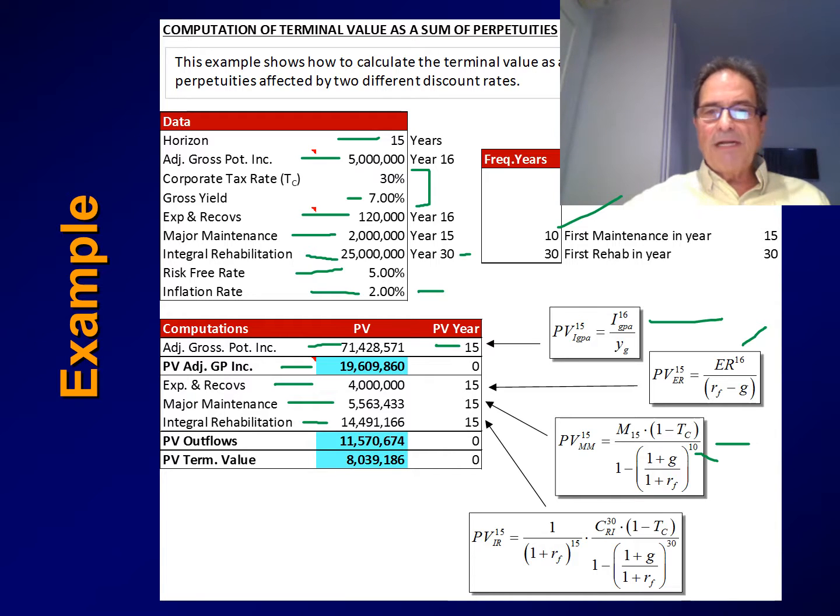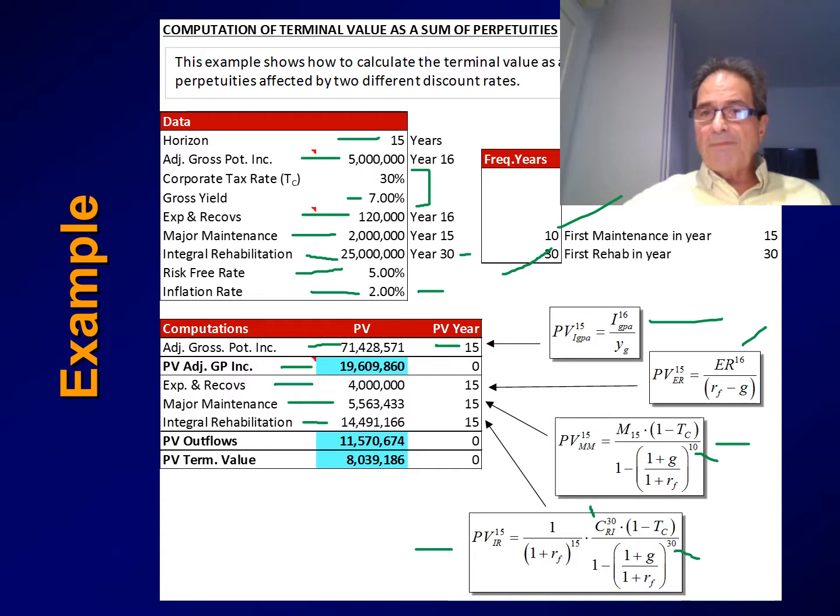Finally, integral rehabilitation is exactly the same procedure. We plug in the cost of integral rehabilitation in year 30, which is the first year we do integral rehabilitation. We know that that is 25 million, multiplied by 1 minus TC, divided by 1 minus (1 plus G over 1 plus RF), and the exponent is 30 because 30 is the frequency of the rehabilitation.